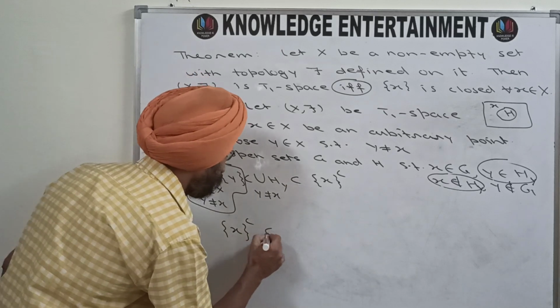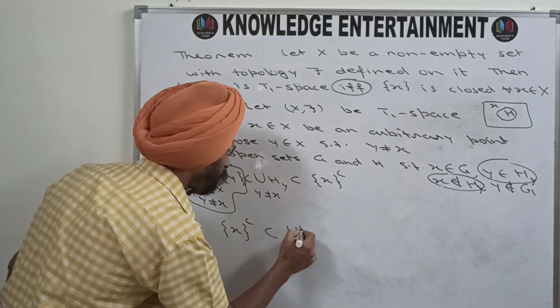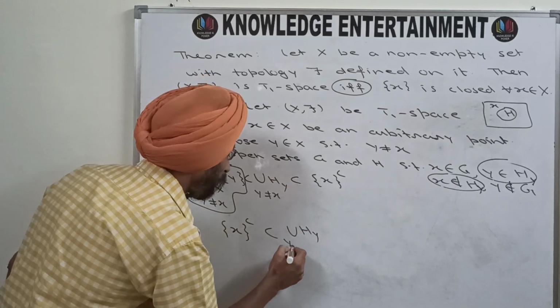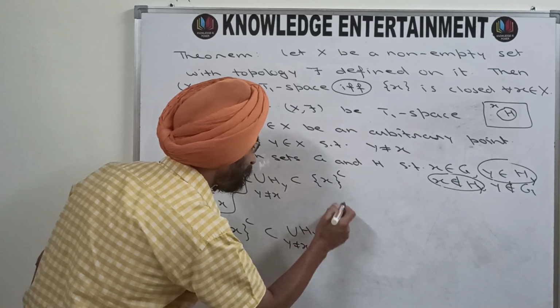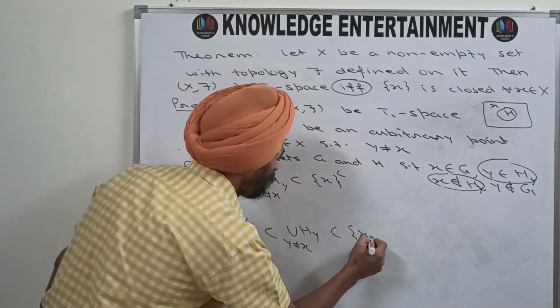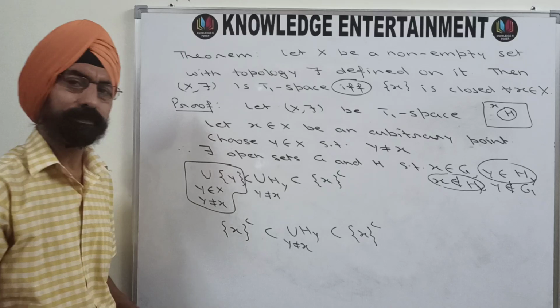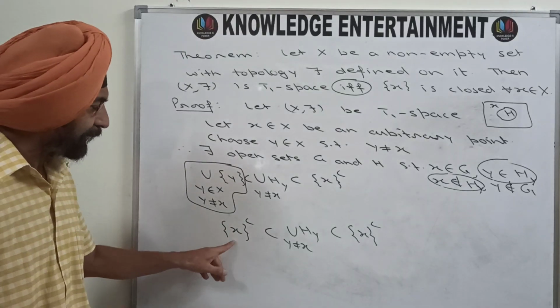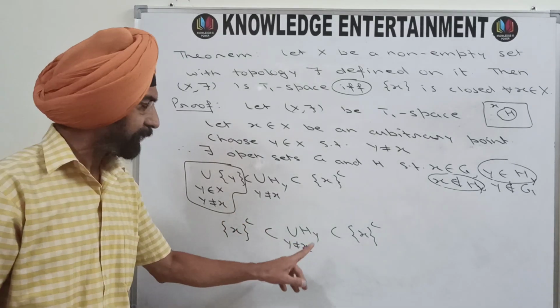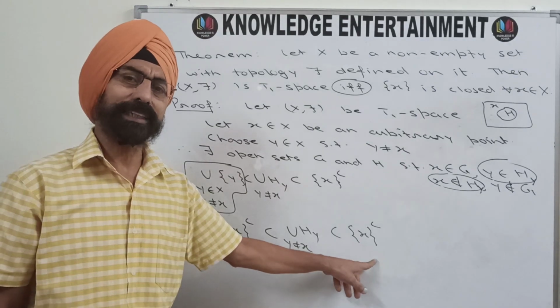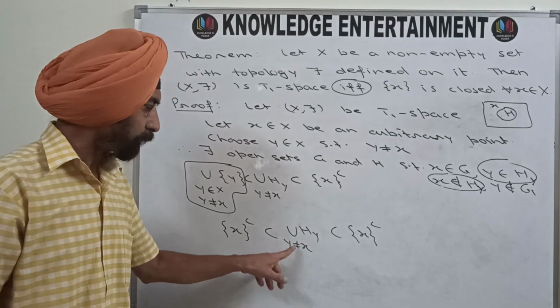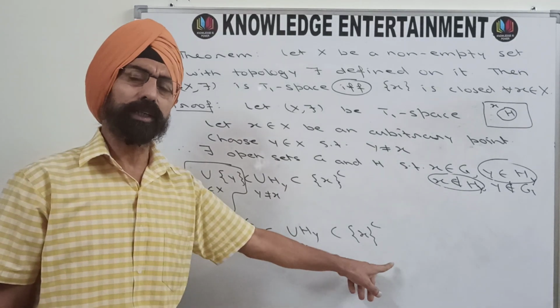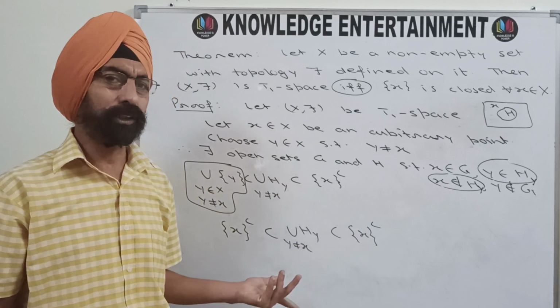The complement of singleton set X is a subset of the union of HY's, Y not equal to X, and this union is a subset of the complement of singleton set X. So A is a subset of B and B is a subset of A. That means A is equal to B.